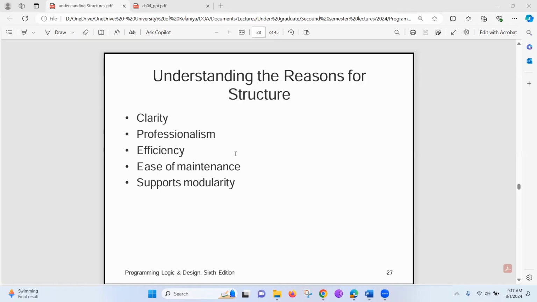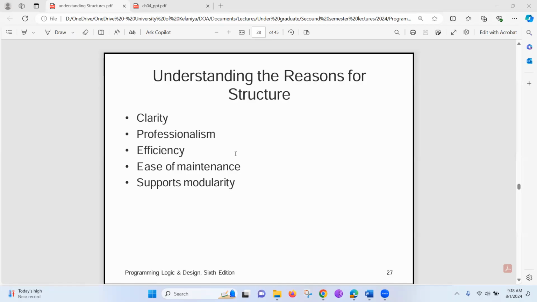The efficiency. What do you mean by the efficiency? Most computer languages are structured languages with syntax that lets you deal efficiently with sequence, selection and looping. Right? Efficiently means it will make things easier, working with the newest languages.